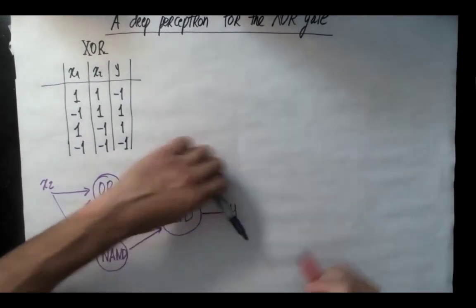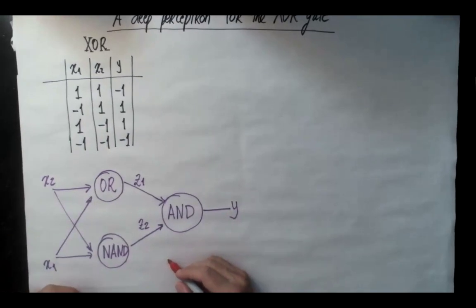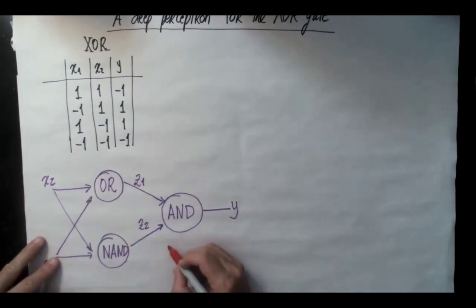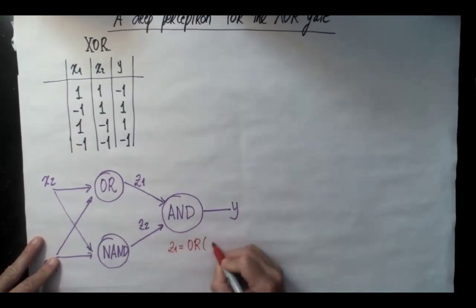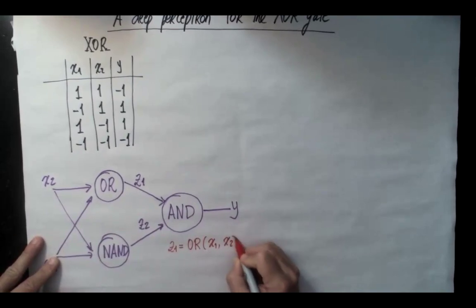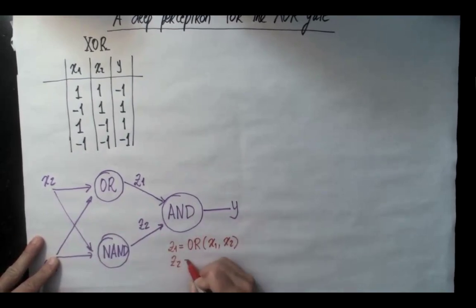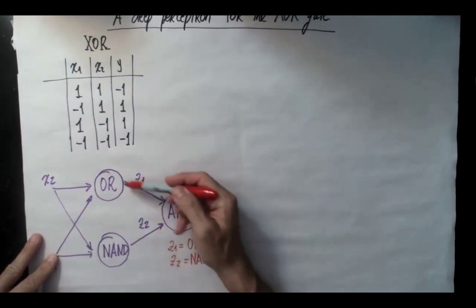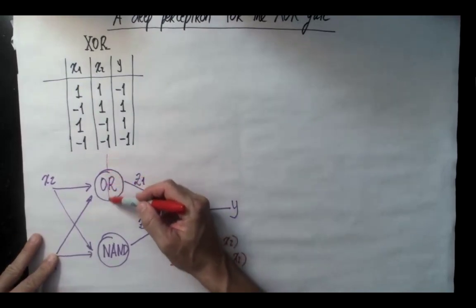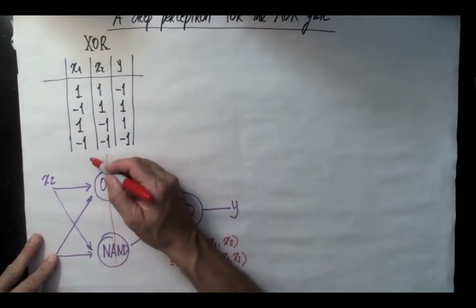In formulas, this model is going to be Z1 equal to the OR of x1, x2, Z2 equal to the not AND of x1 and x2.